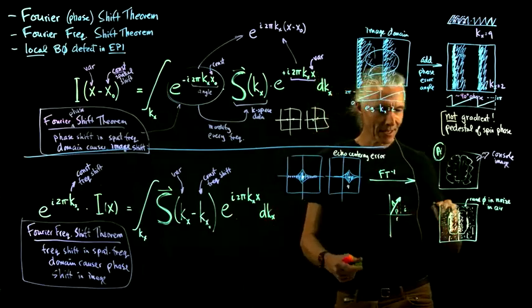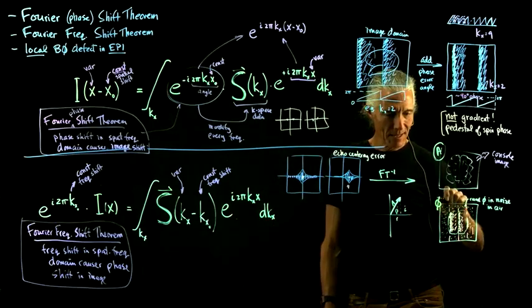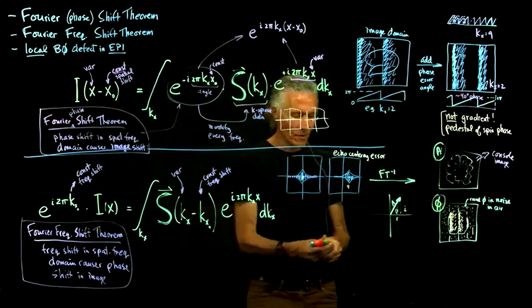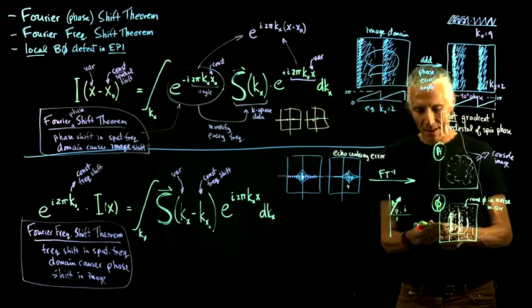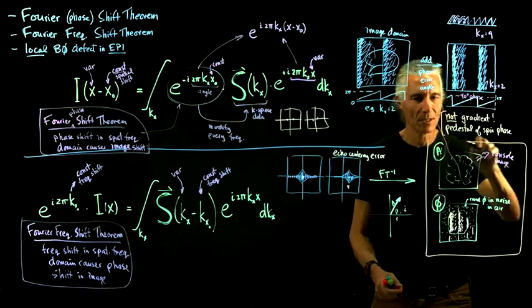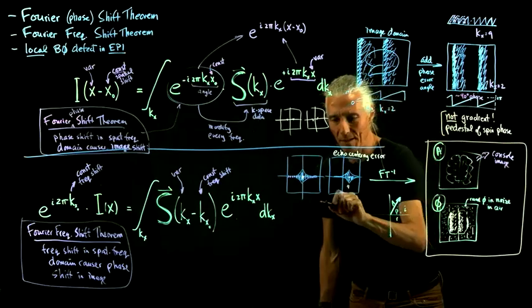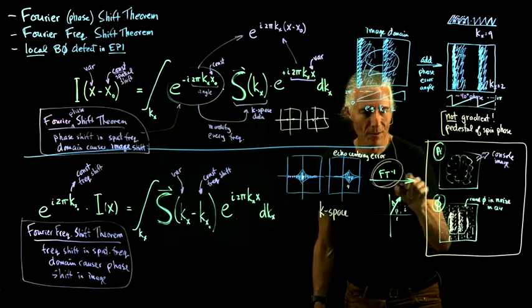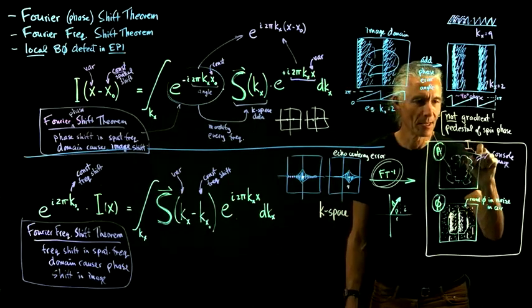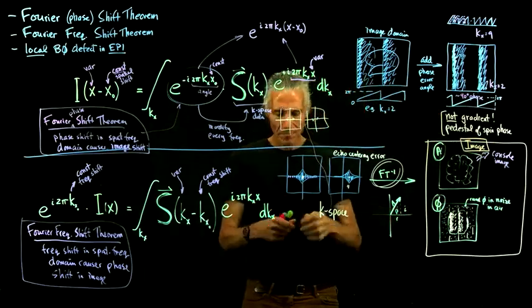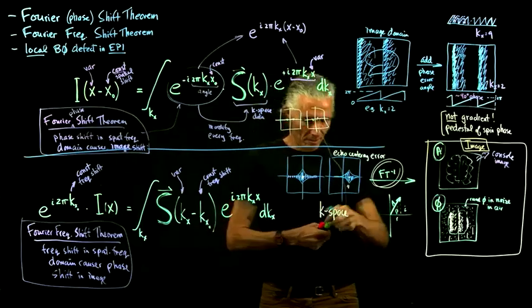You can see what it looks like. So this is the actual image phase. Remember, this side is k-space, and then we're doing an inverse Fourier transform, and this is the image up here.